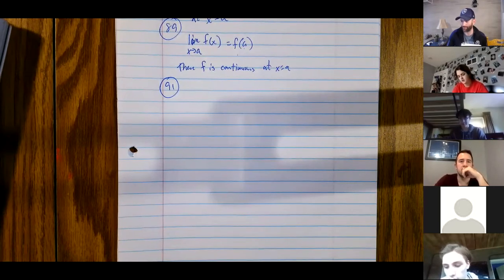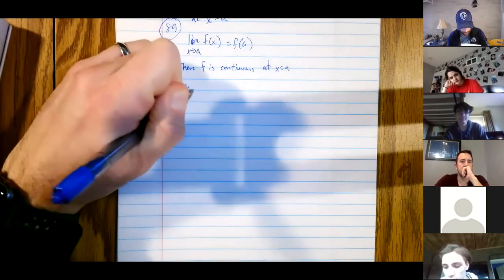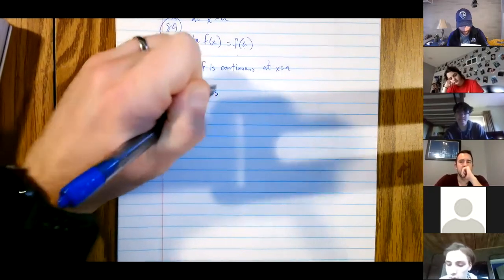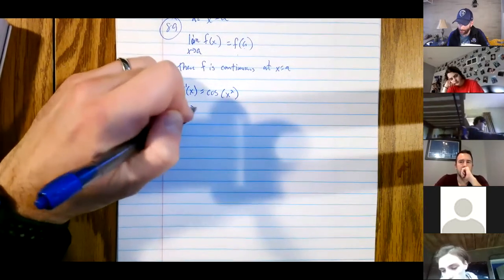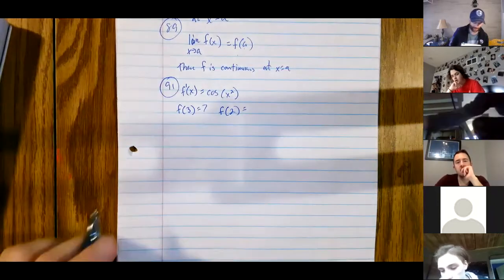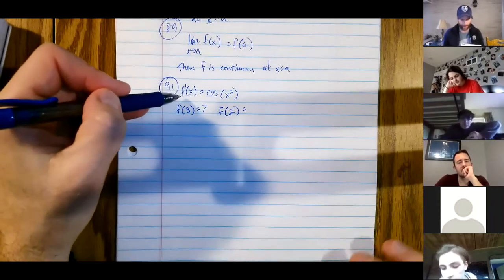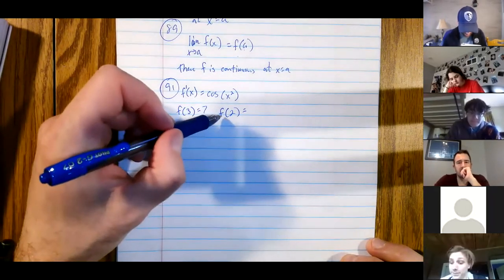91. All right, if f prime of x equals cosine of x squared, and f of 3 equals 7, then find f of 2. All right, so we are given f prime, and we're given f of 3 equals 7, and we want to find f of 2.